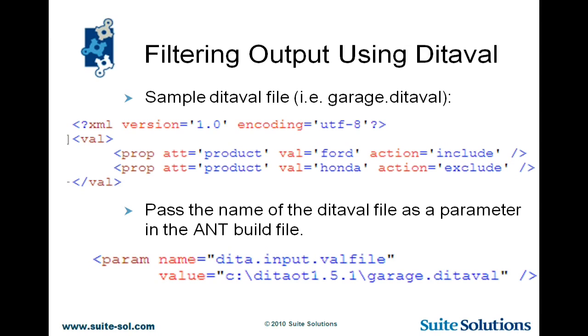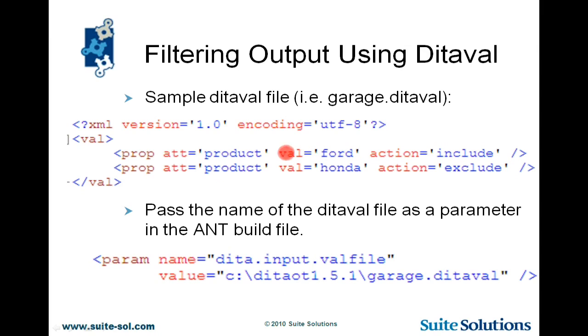So here's an example. There's a sample DITAVAL file. I'm going to show you also on my computer, garage.ditaval, using the test data from the toolkit. So we see here that it has, using the prop element, several attributes: the conditional attribute name, and the value.